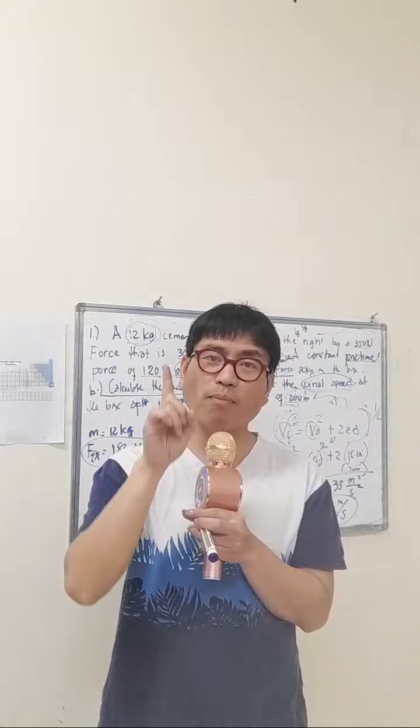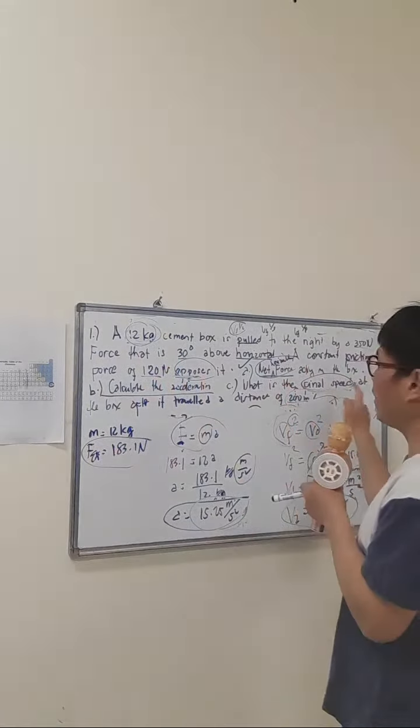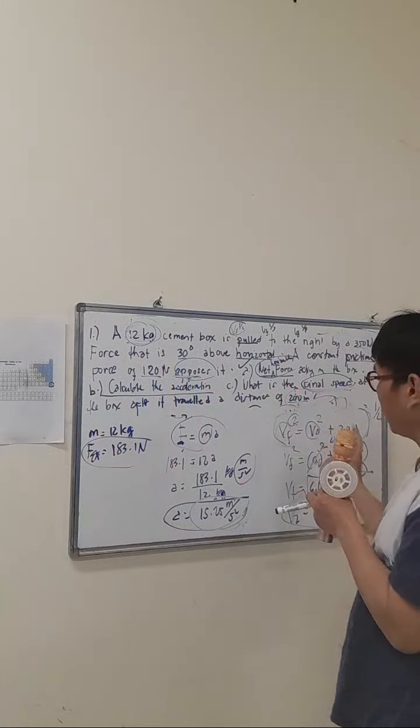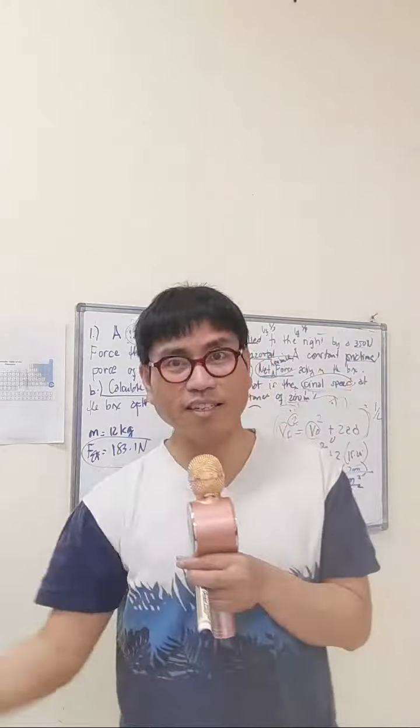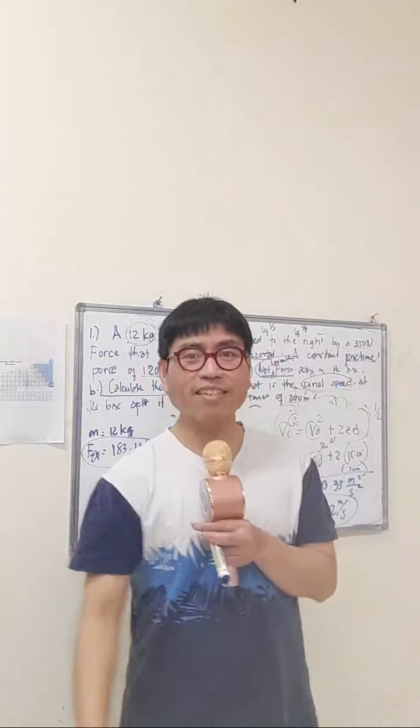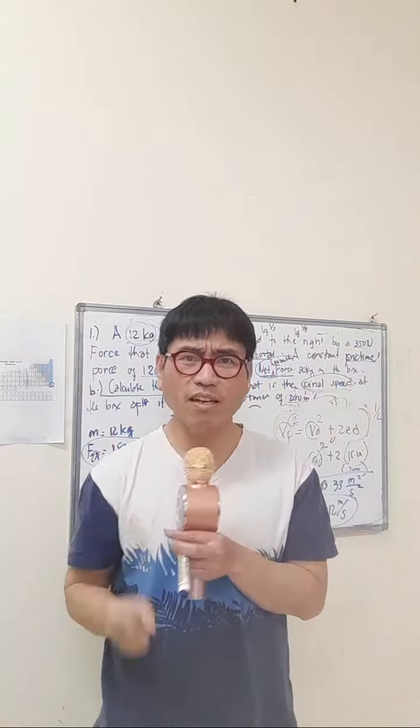Take note. If the problem says, what is the final velocity of the box after you travel, then you have to put the direction. So this is obviously 78.12 to the right. That's the difference between velocity and speed.